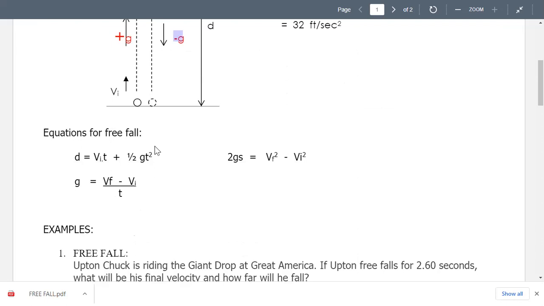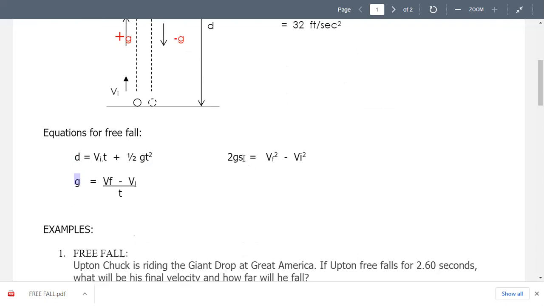So we have the following selected equations for your free fall. Your distance is equal to your initial velocity multiplied with your time plus half of your gravitational acceleration and then time squared. And then for your acceleration, since this is free fall, your gravitational acceleration is equal to your change in velocity all over your time.